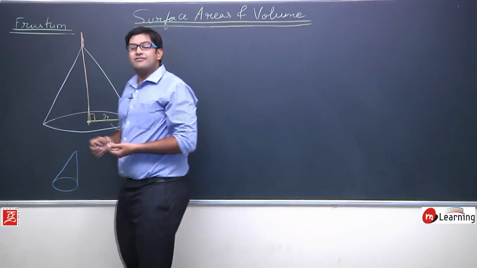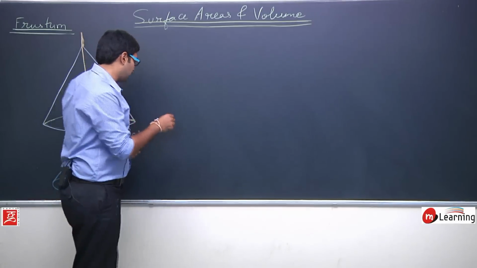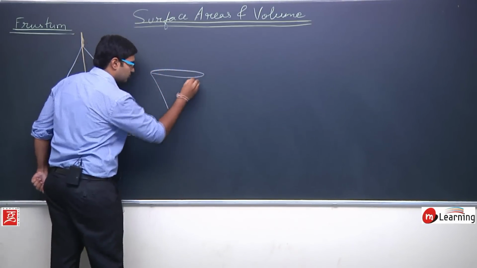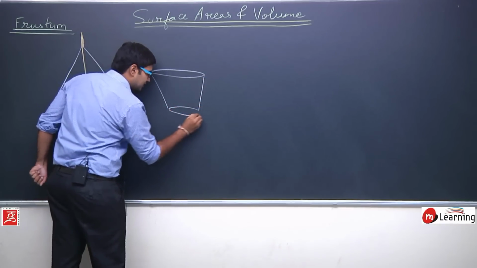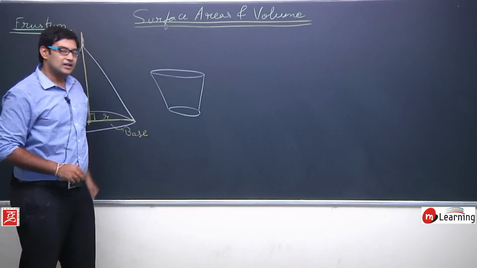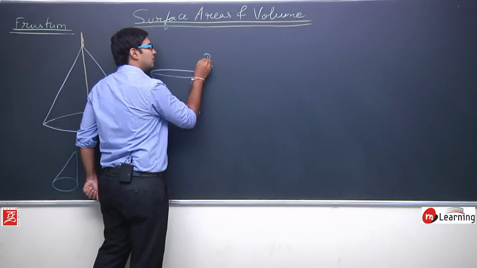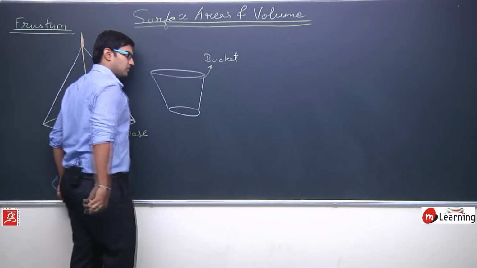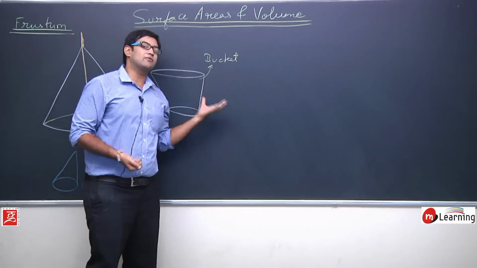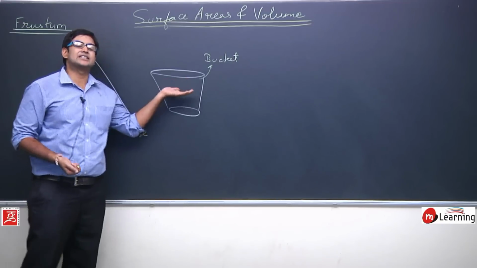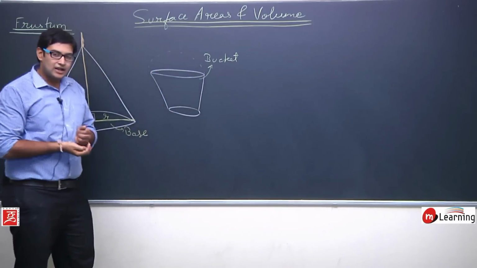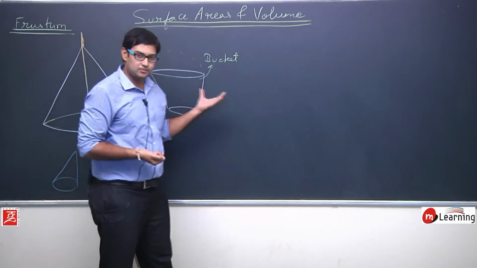But you might also have seen such a figure in your practical life, for example a bucket. This is the shape of the bucket. There is a handle above this, but we are not considering the handle, I am just talking about the shape of the bucket.